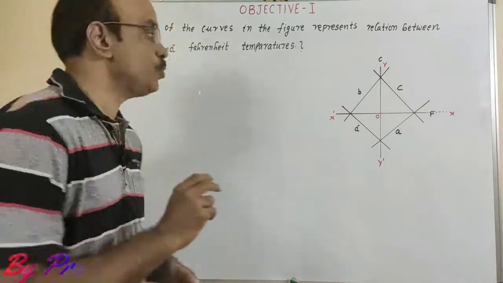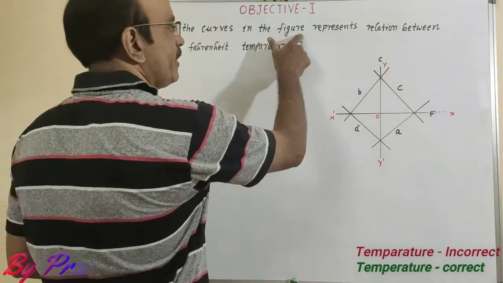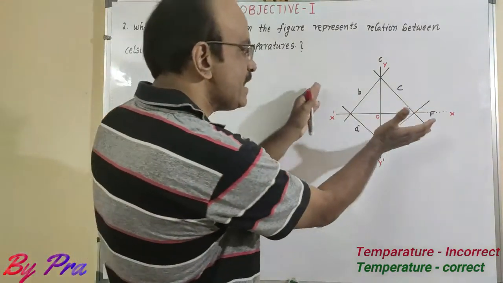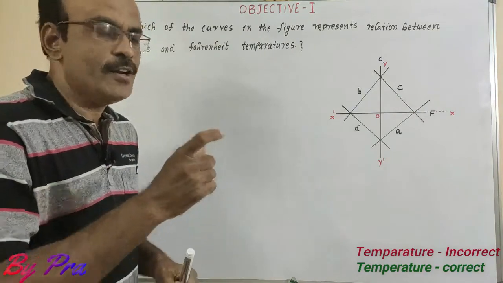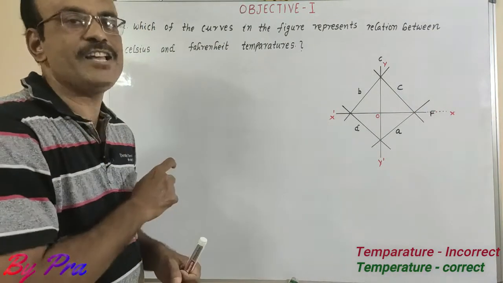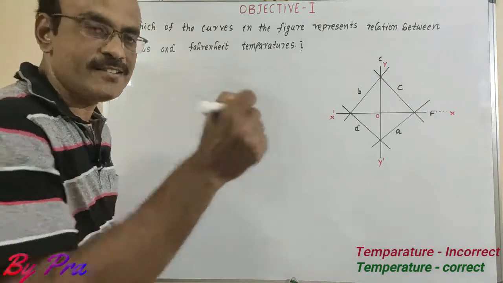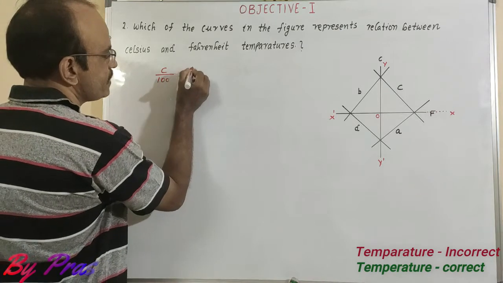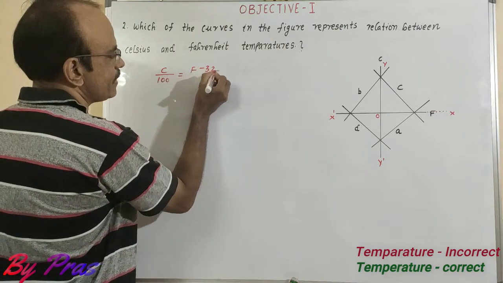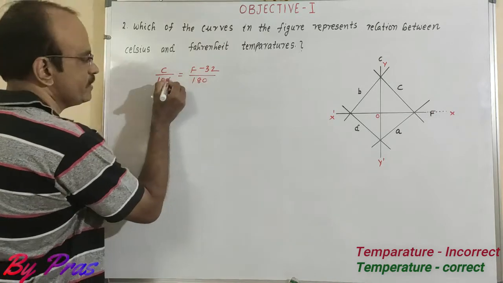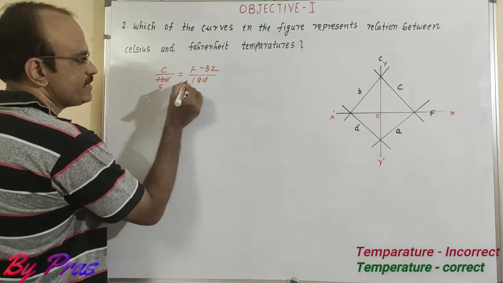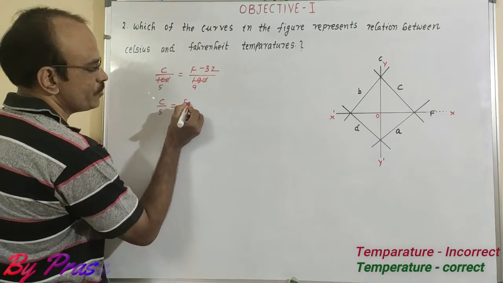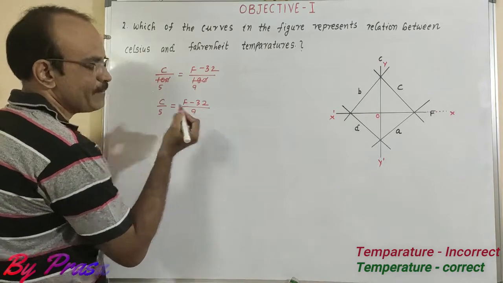Question number 2. Which of the curves in the figure represents the relation between Celsius and Fahrenheit temperatures? So this is the diagram. To answer this, we will first write the relation between Celsius and Fahrenheit scales: C by 100 is equal to F minus 32 divided by 180. Zeros cancel, so C by 5 is equal to F minus 32 divided by 9.